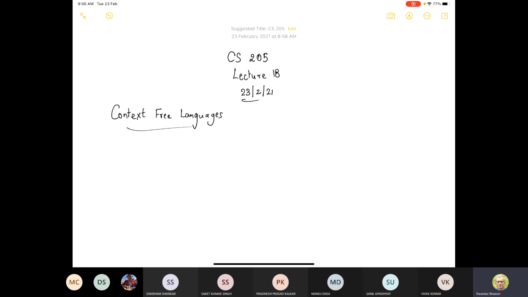Right. So today we start a new topic. We are done with regular languages and finite automata. So to motivate context-free languages, just consider the language of balanced parentheses.